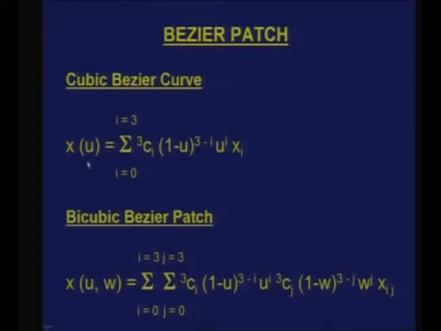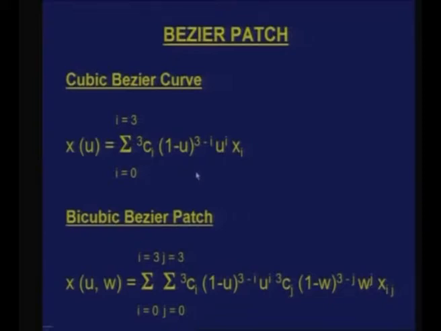And if I want to define the x, y, z coordinates, the equation for the x coordinate has been reproduced here. This is defined by a binomial coefficient, then a term 1 minus u to the power of 3 minus i, u to the power of i, and x i. Similarly for y and z.